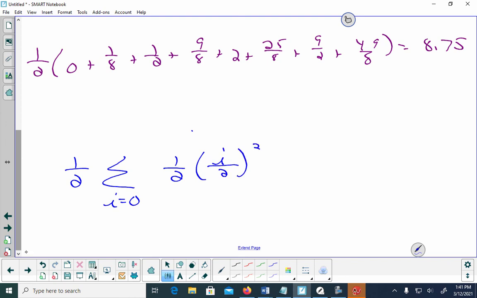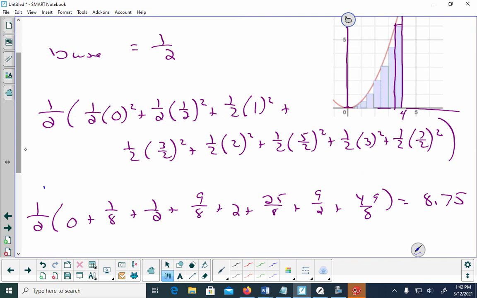And since I did 0, 1, 2, 3, 4, 5, 6, 7, stop at 7. I could put this in my calculator and check, and I'm still going to get 8.75. I'm willing to bet most of you didn't do that, but you chose to write it out instead.